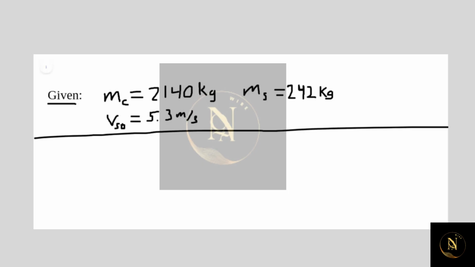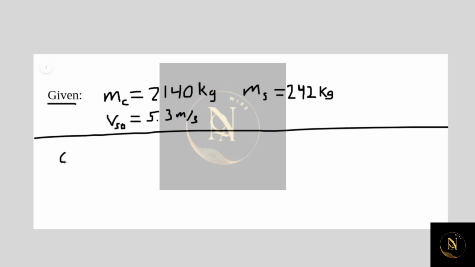Okay, so since he kind of becomes part of the flat car, we're going to assume we can use conservation of momentum here. Also, we're going to call the initial direction that the sumo wrestler is running the positive direction. So I write V sub S 0, the initial velocity of the sumo wrestler, is 5.3 meters per second.